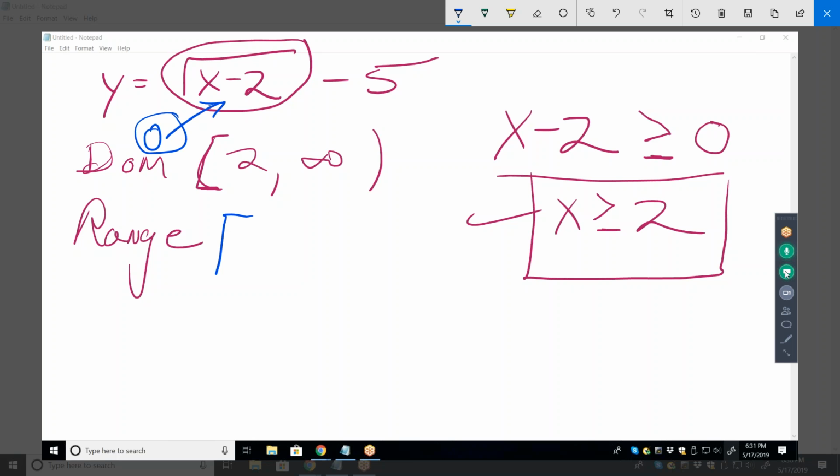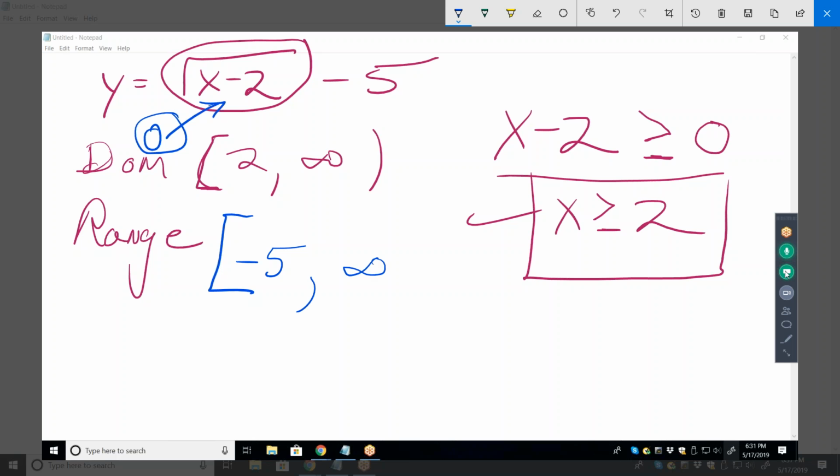So what is the lowest value on my range? No, 0 minus 5. Negative 5. And it can be negative 5. What's the highest value on my range? Infinity.